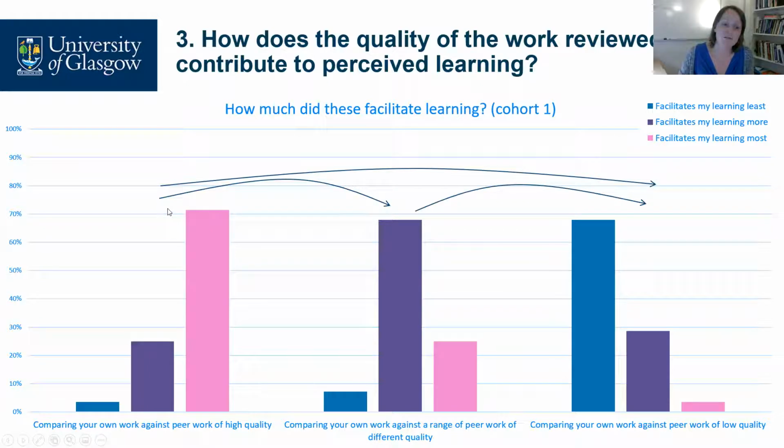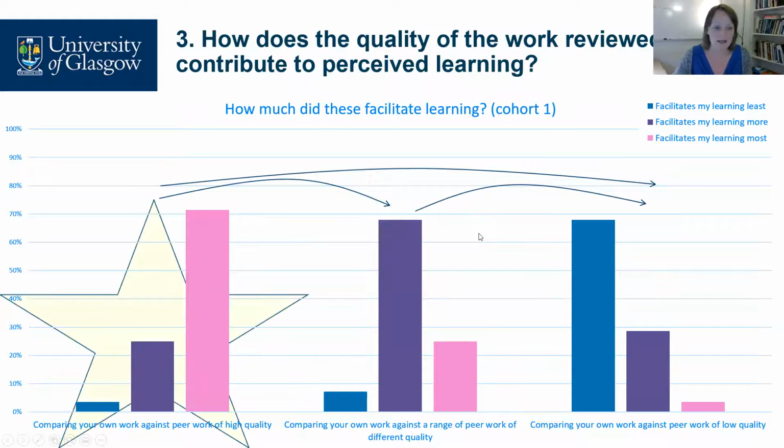Students considered it more helpful to compare their own work against peer work of high quality, and that was significantly perceived as more helpful than comparing against a range or against work of low quality. So the one students find most helpful was comparing their work against peer work of high quality.